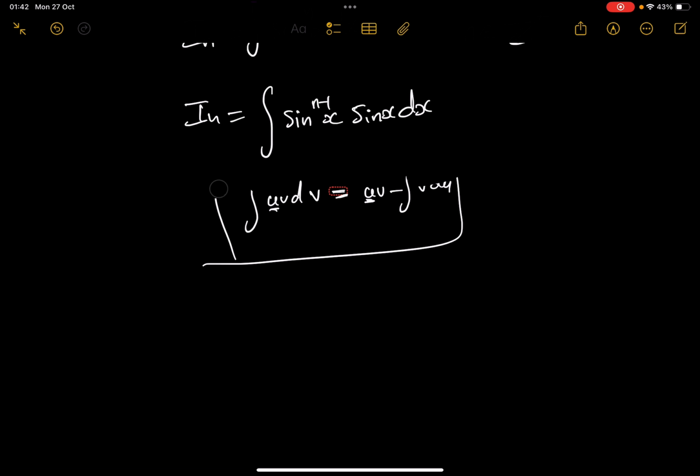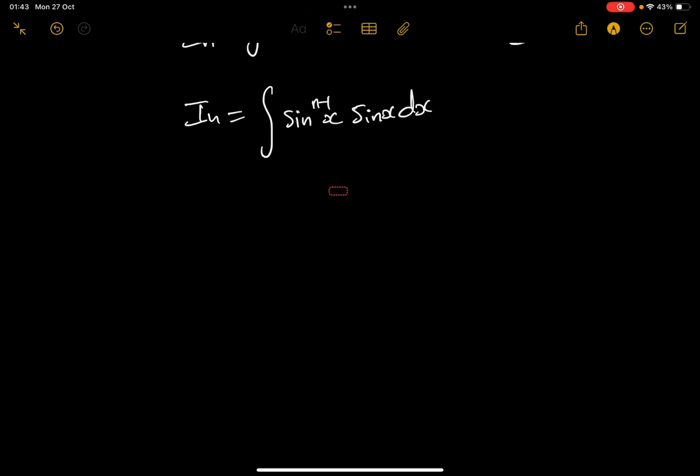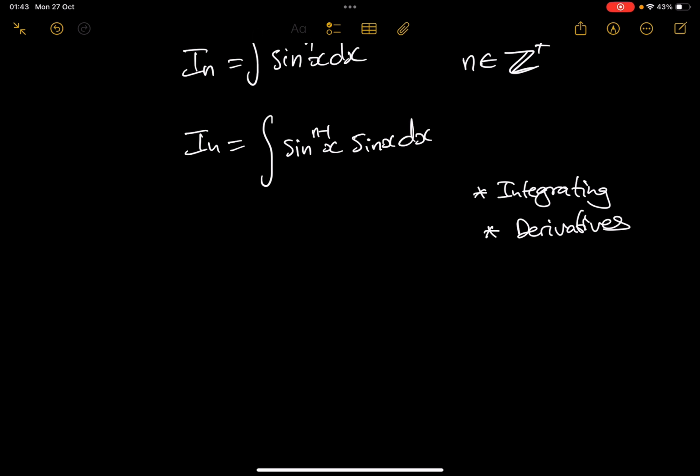Remember, this is the reduction formula. When you are using integration by parts, you are integrating and also differentiating. We want to reduce this power n to the simplest form, the simplest power. So which between integration and differentiation reduces a power?